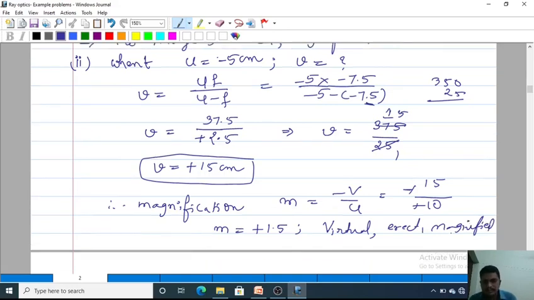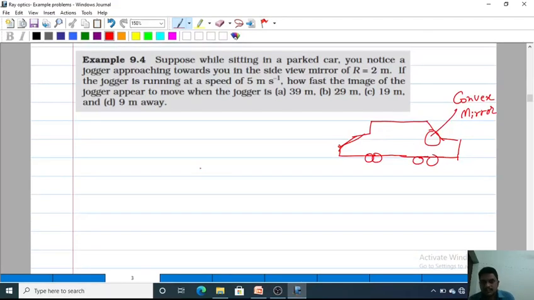And the next question. Suppose while sitting in a parked car, you notice a jogger, a person who is jogging. The jogger is approaching towards you, and in the side view mirror you can see the jogger.